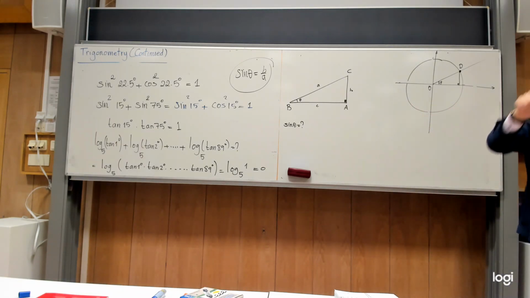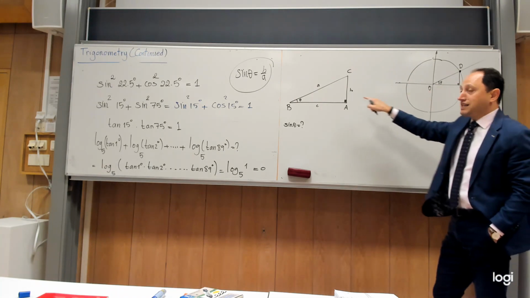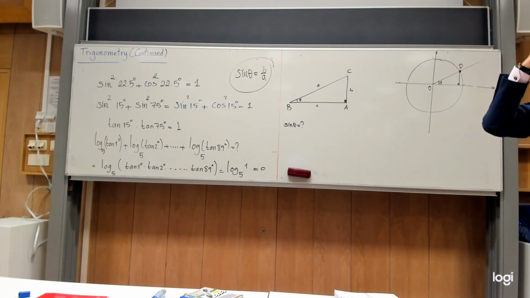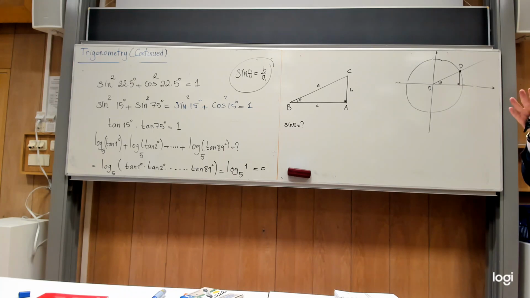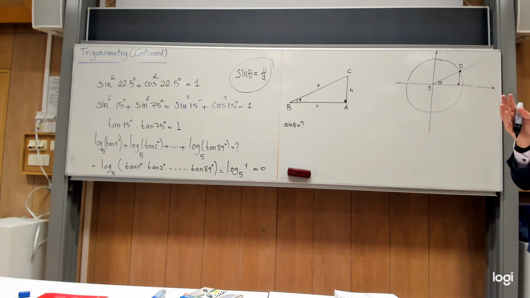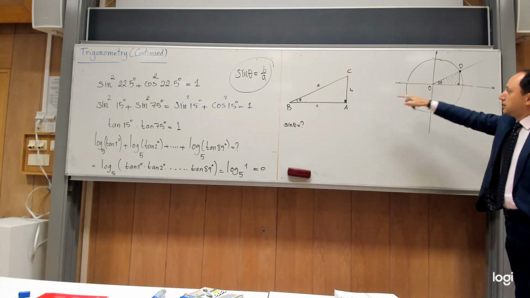But in general, there is a relation between this one and that one. I am looking for the correct word from you. They are similar. They are not necessarily congruent. If I am lucky, they become congruent. Life becomes easier. But usually we are not lucky. So this triangle is similar to that triangle.